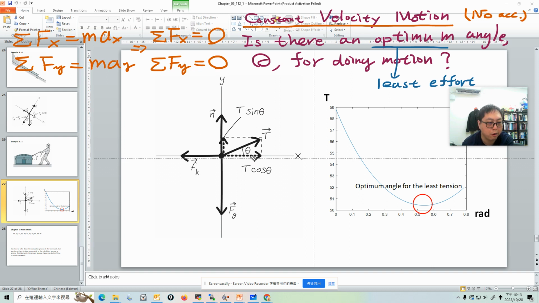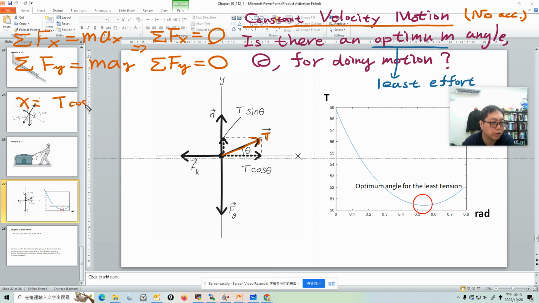Let's do the x direction first. Here is a tension, pointing to the right, and it can be decomposed into T sine theta and T cosine theta. T cosine theta points in the right direction, so it's positive.